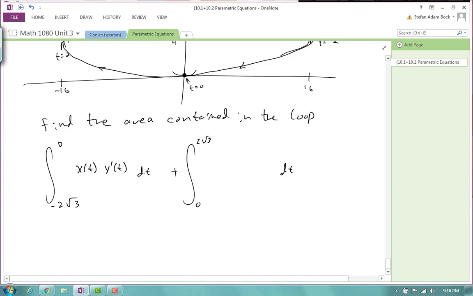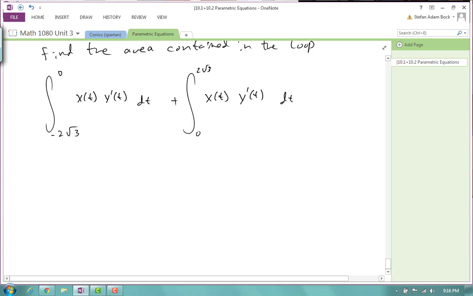Or I've kind of flipped my words, but the long side of the rectangle will be x of t, and the short delta y version for the width of the rectangles is going to be y prime. And similarly over here, I'll have x of t times y prime of t. It turns out this is easy to do.